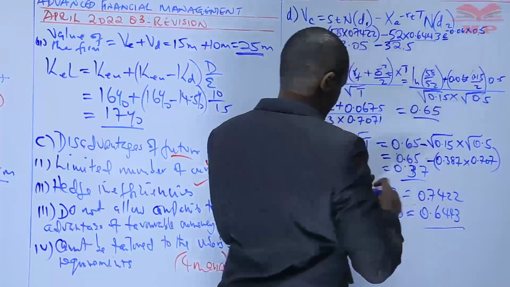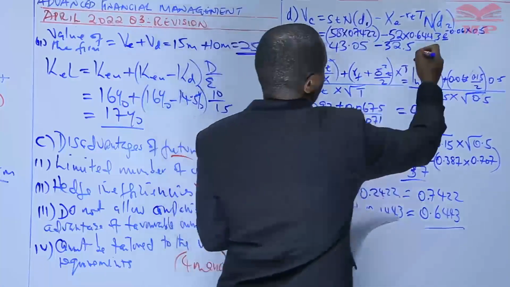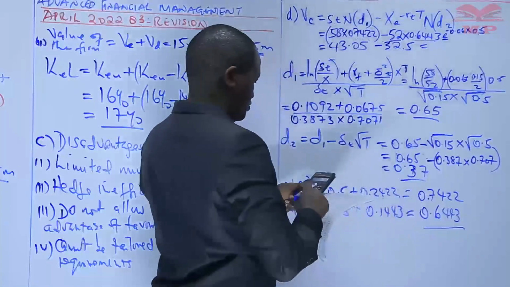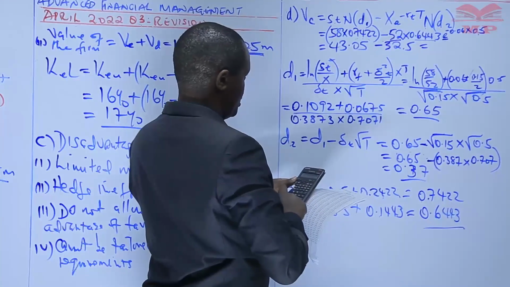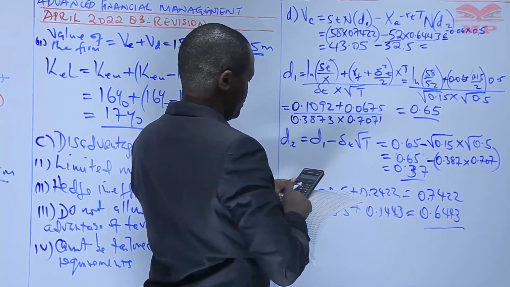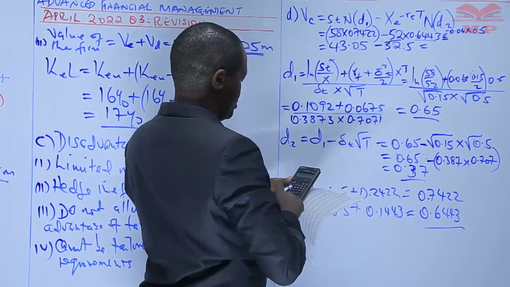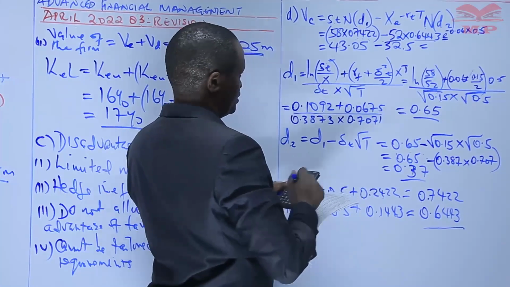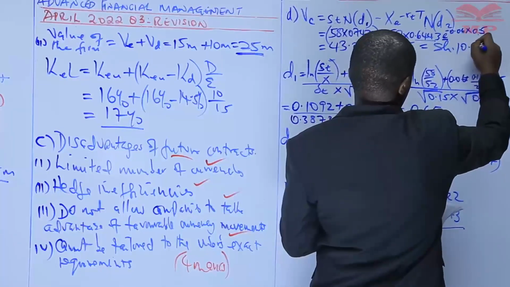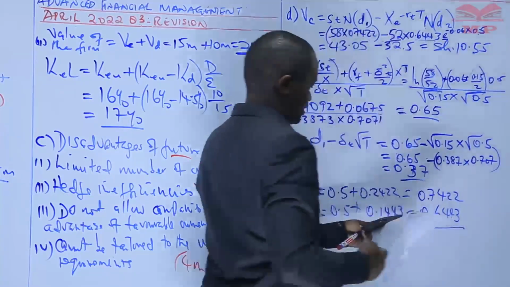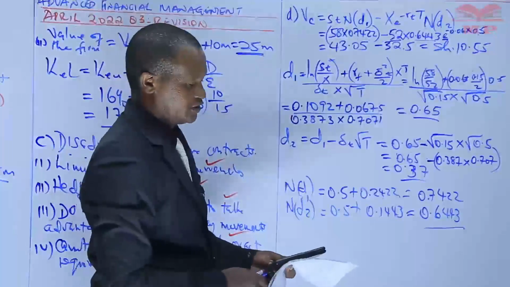32.5. And therefore, the difference will be the value of this asset, 43.05 minus 32.5, which is 10.55 shillings.